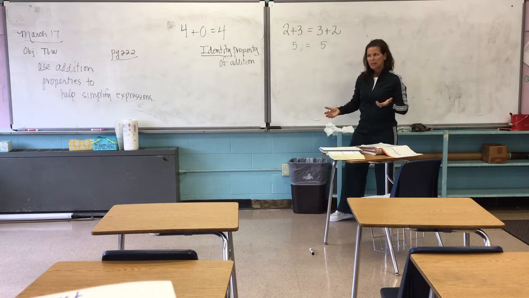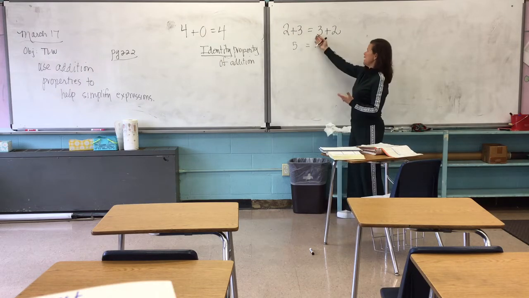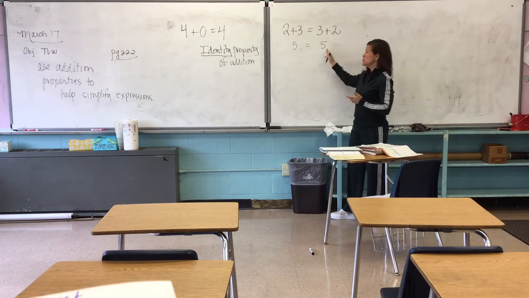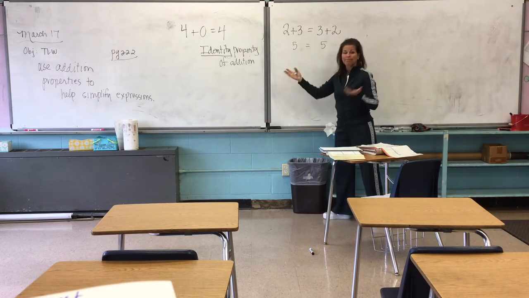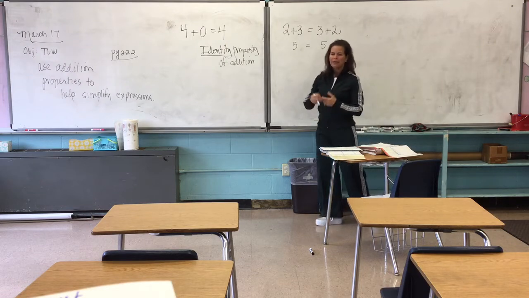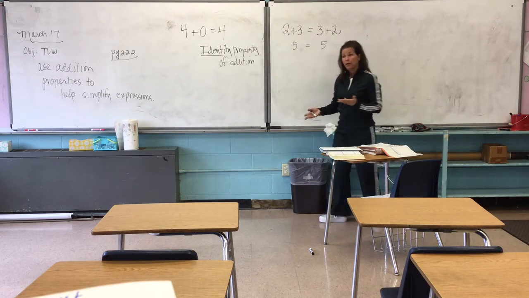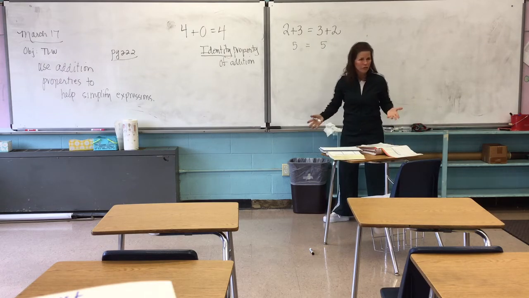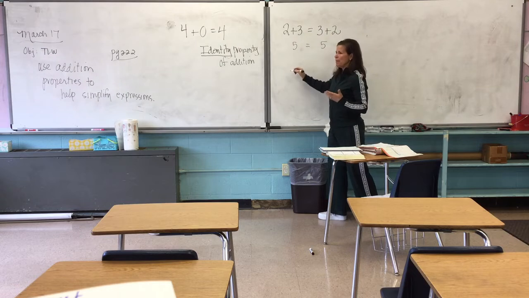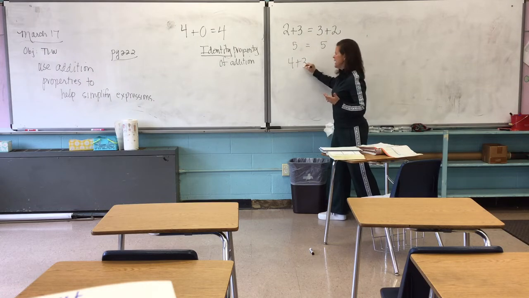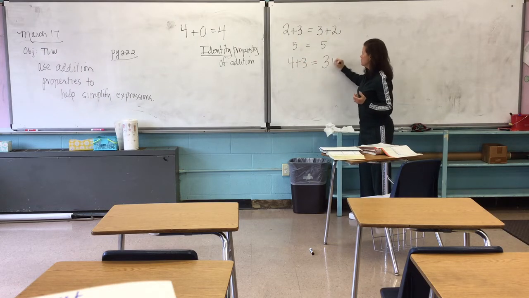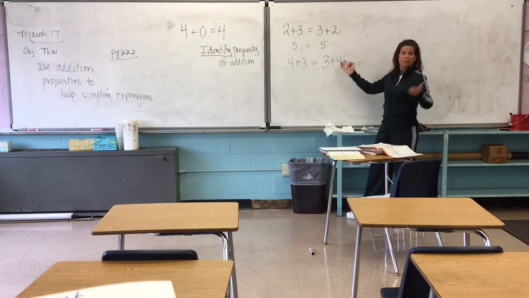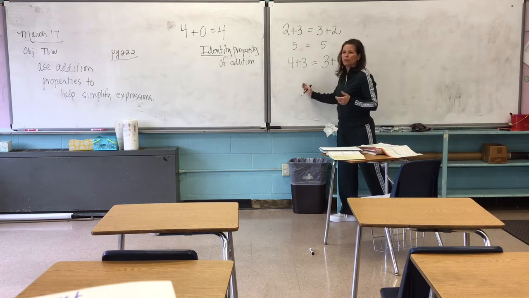I changed the order in which I added these two numbers, but my sum was the same. There's a property that says when you're adding two numbers and you change the order, you still get the same answer. So 4 plus 3 is the same as 3 plus 4. Is it true? 4 plus 3 is 7, 3 plus 4 is 7. We get the same answer.